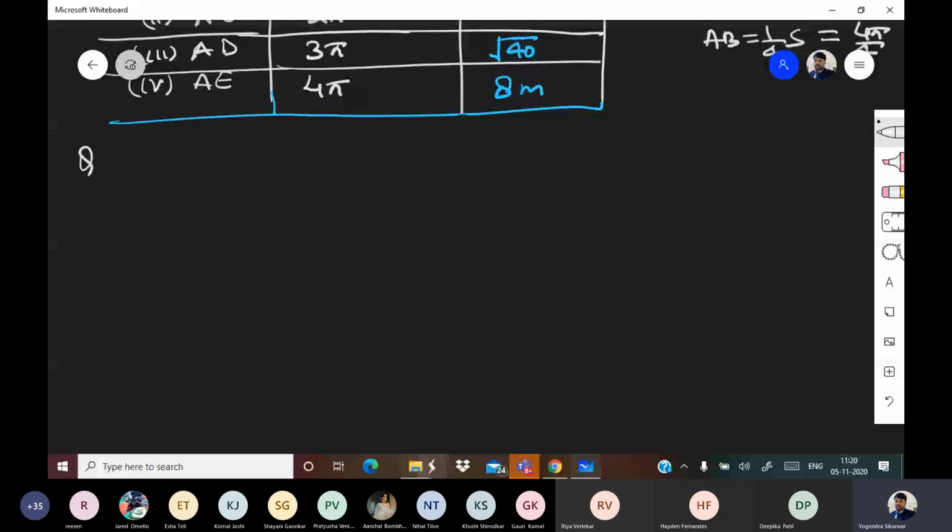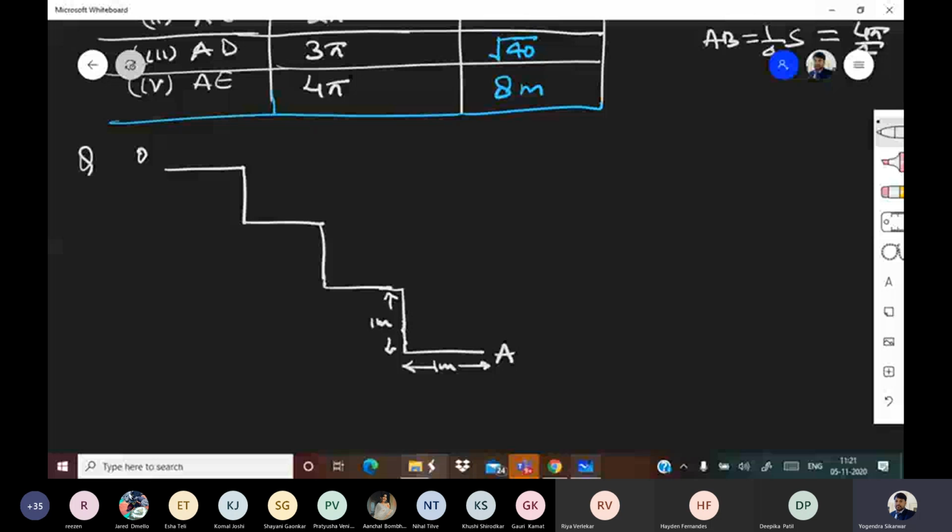These are the stairs. So this point is O and this point is A. Length of each stair is 1 meter and height of each stair is also 1 meter.